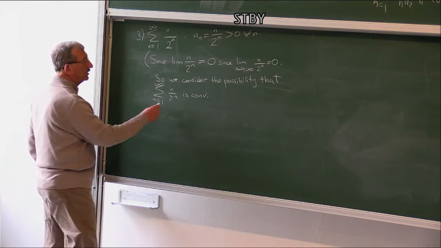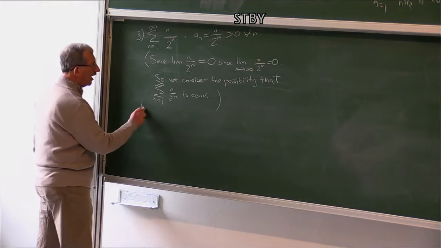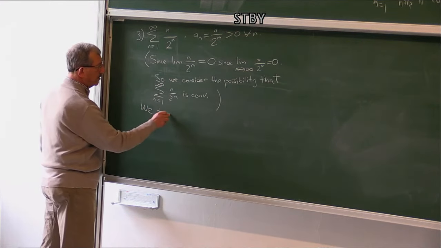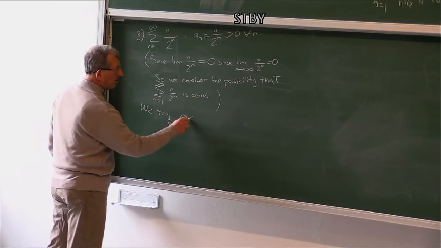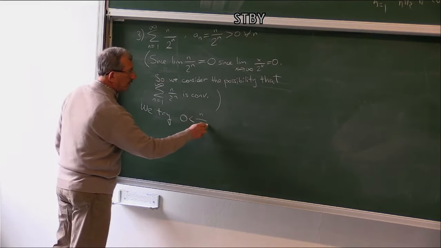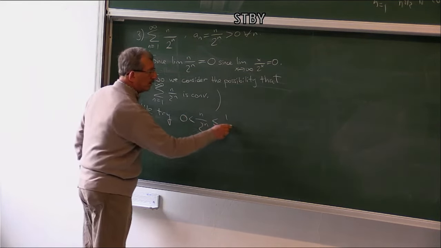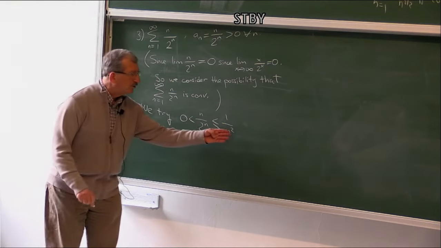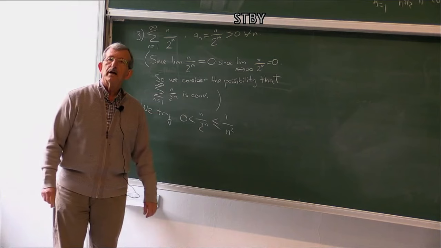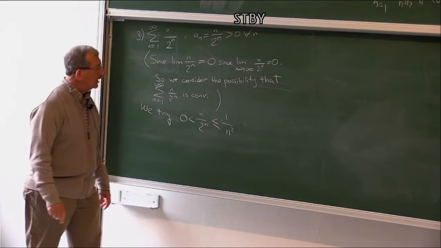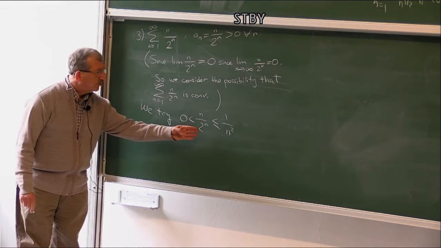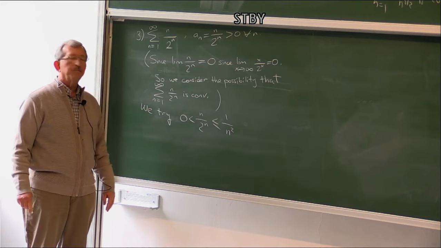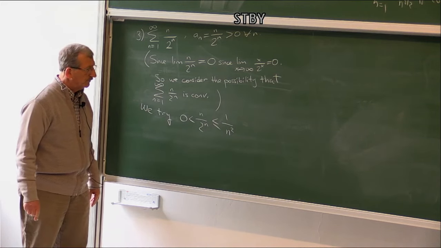So say we try this one. Because we know if p is 2, this will give us a convergent series. And so, by the comparison theorem, the wanted series will be shown to be convergent.